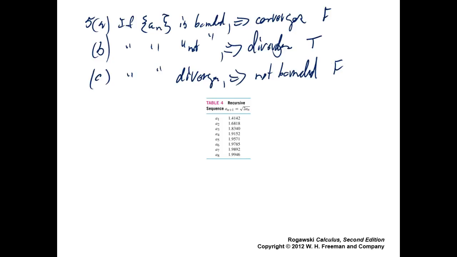Same as we did before. Plus 1, minus 1, or sine of n definitely diverges, never converges, but it is bounded. So false, true, false, and they show the one you said for the first one, the one I said for the second one. So, got it.